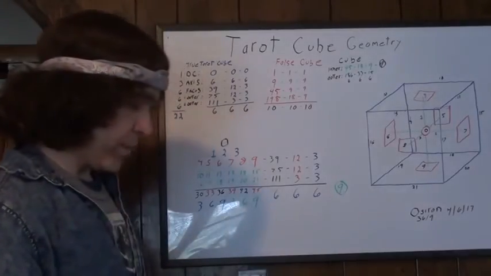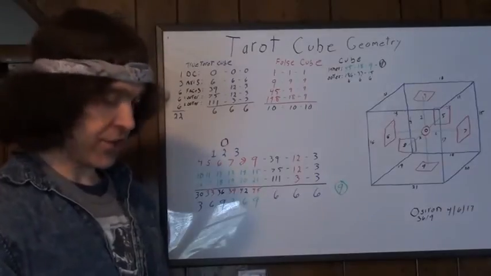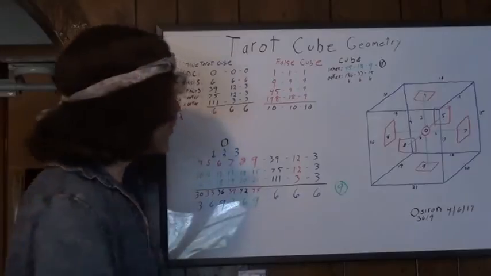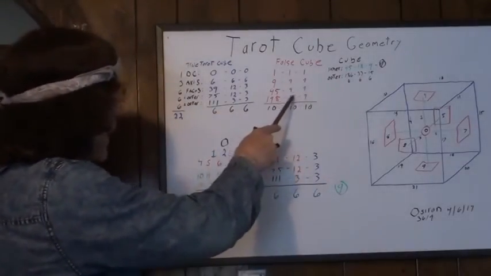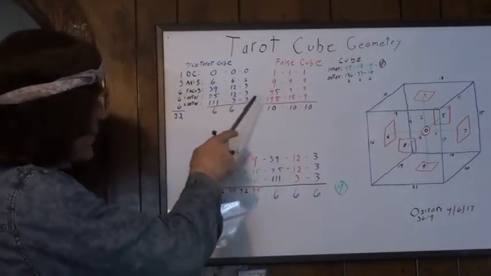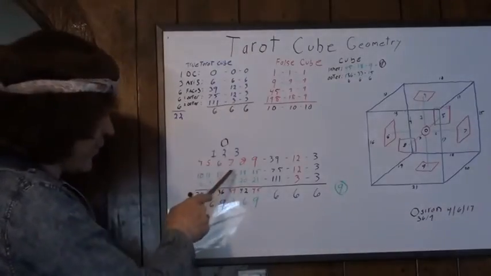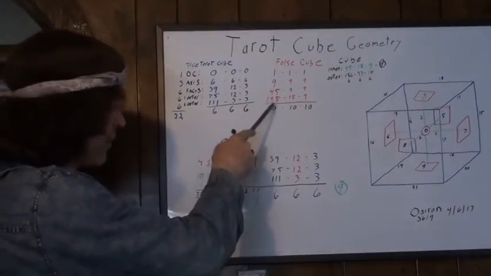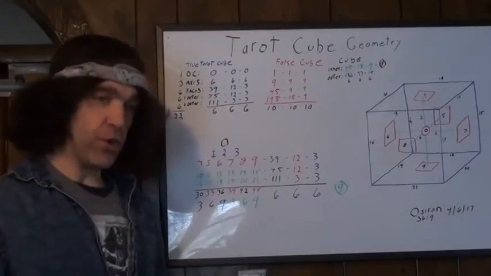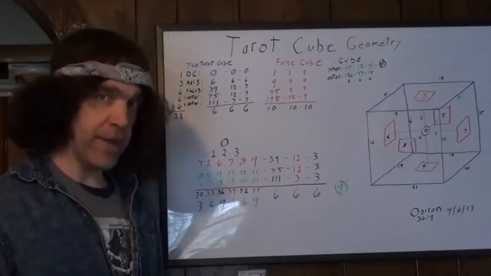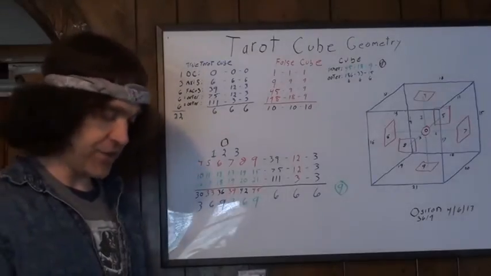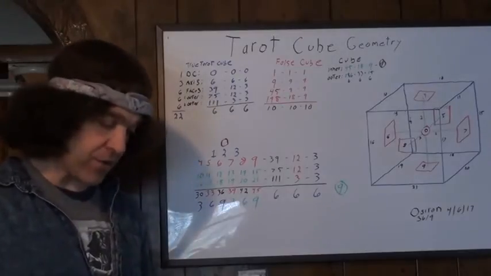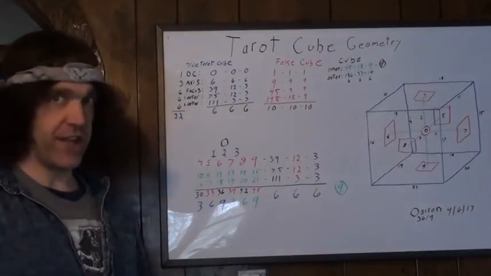The false cube does show 666 when you use their layout, because with the false cube, these numbers up here come from me copying the same exact formula as the true cube tarot cards. But I also did it using their tarot card layout, and it basically comes to the same numbers. So if you use the math of the false cube using their numbers, everything still reduces to 10, 10, 10.